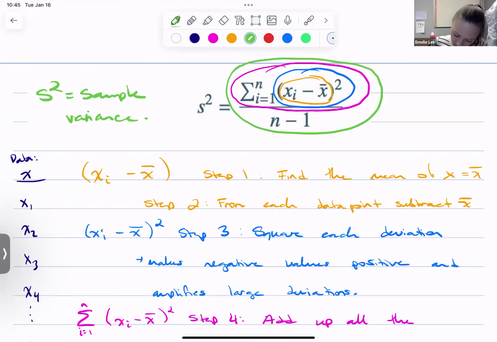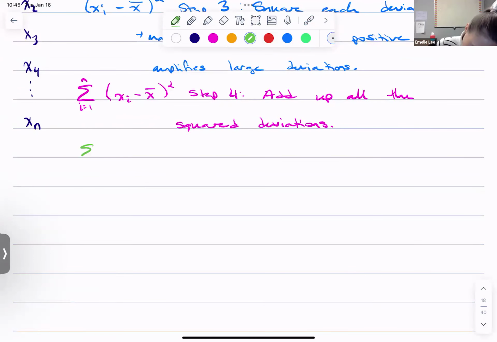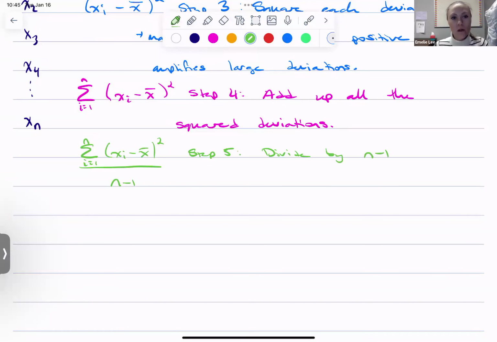So overall, we have the sum from i equals 1 to n of xi minus x bar squared, divided by n minus 1. So step 5, divide by n minus 1. And that's going to be our s squared, which is our variance.